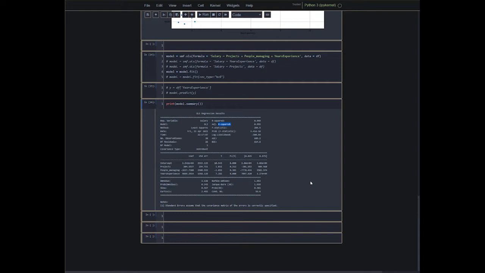When we add more variables, maybe there is some multi-collinearity. There may be some unnecessary variable that we're including, even though the variable has nothing to do with the dependent variable. It will increase the r squared value. So there may be some unnecessary inclusion of variables, so we need to be very careful about that one, and we need to always avoid multi-collinearity.